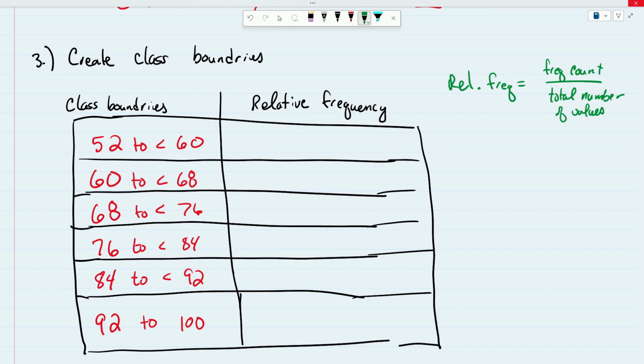Okay? So, for example, for the class boundaries between 52 and 60, there are going to be 3 numbers. Okay? So that is going to be my frequency count.